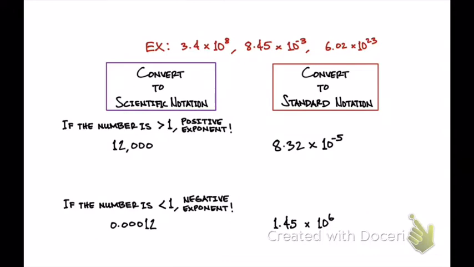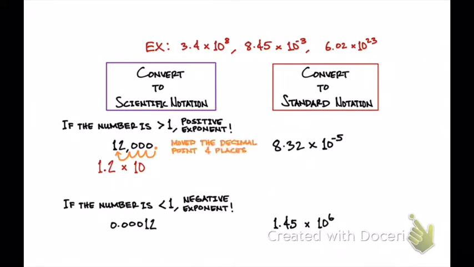So that's going to be our coefficient, and then multiplied by a multiplier, right? And so you look at how many places or how many spaces you move that decimal point to get to 1.2. So you can see that we moved the decimal point 4 places to the left, right?